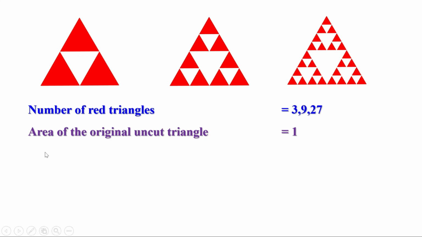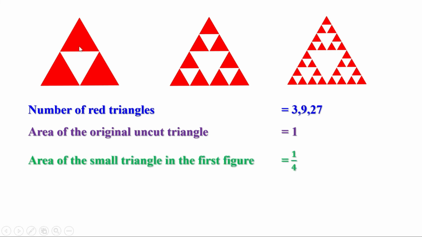Now in the first figure, the original uncut triangle is divided into 4 triangles, 3 red triangles and 1 white triangle, and they are of the same area as they are equal triangles. So one triangle is made into 4 triangles of equal area. Therefore, the area of one triangle in the first figure is 1 by 4.